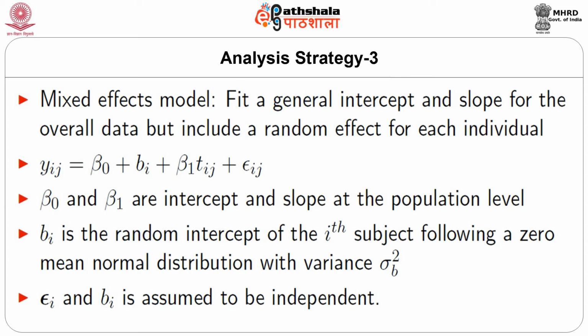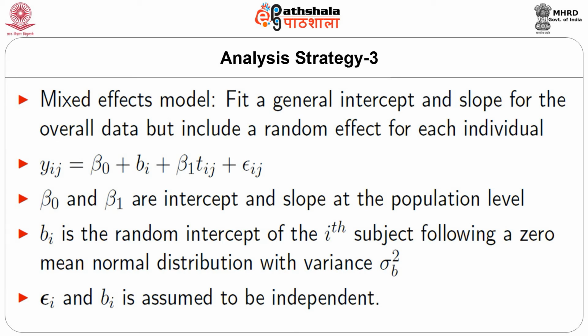Finally, we go to the third model, called the mixed effects model. In the mixed effects model, we fit a general intercept and slope for the overall data, but there are deviations for each subject from the general intercept. We assume that the deviations are random in nature and we add a random effect.